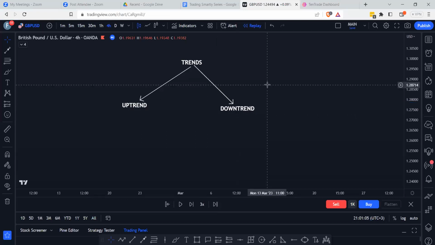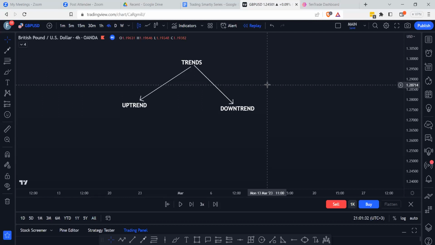Uptrend and downtrend. So an uptrend is a market environment when we are in a bullish market. In an uptrend, the market is bullish, and in a downtrend, the market is bearish. So we have a bullish market for an uptrend and a bearish market for a downtrend.